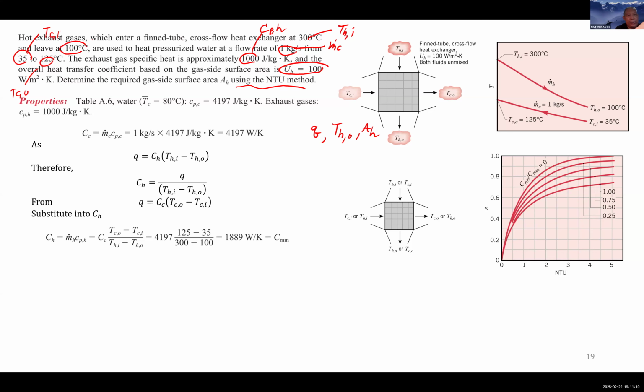This is THO. We do have 4 temperatures right there, both of the inlets, both of the exits. We are entitled to use the log mean temperature approach. But the problem asks you to use the NTU effectiveness instead. Fine. Okay. So you know the THO.